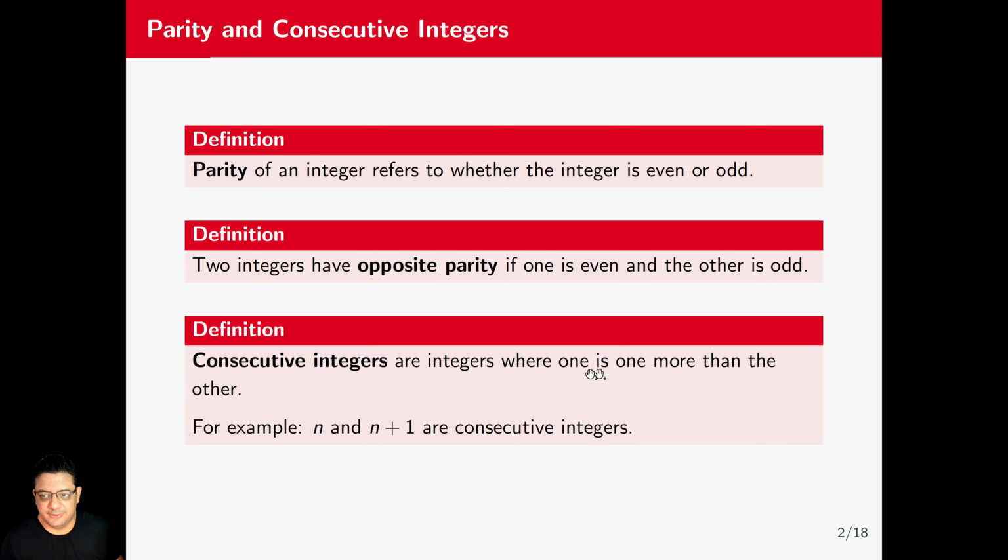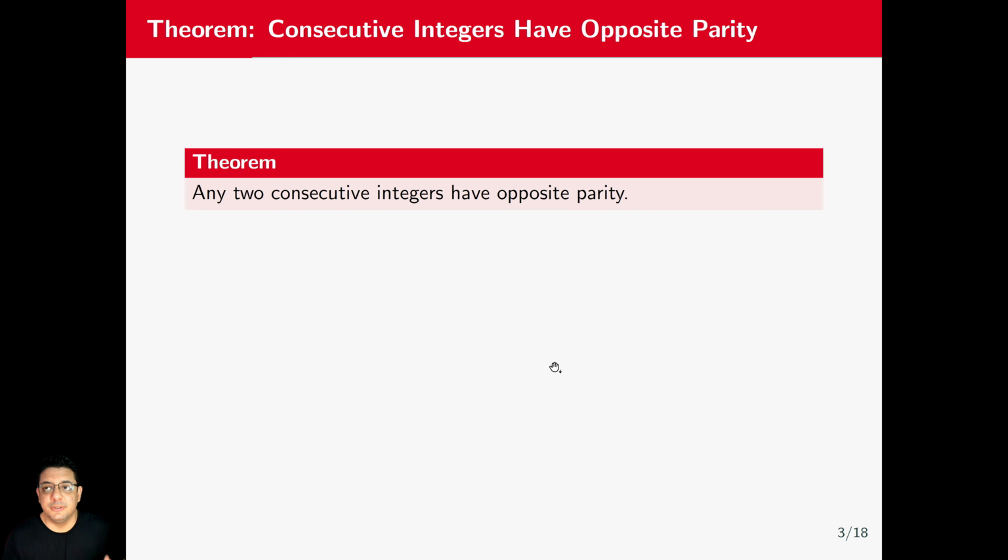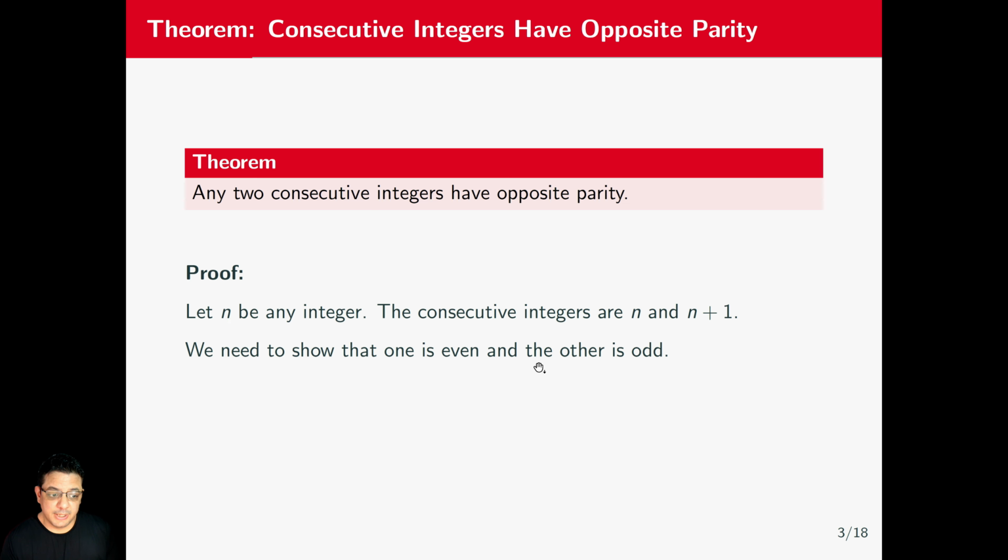As a brief example, n and n plus 1 are consecutive integers. The theorem we can use for the example is: any two consecutive integers have opposite parity. So one of them is going to be even, and one of them is going to be odd.